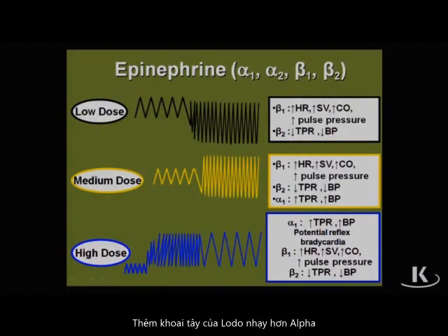At low dose, betas are more sensitive than alpha, therefore I see primarily a beta-1, beta-2 agonist activity. It means at low dose, it looks like the drug isoproterenol. What I can see very well is the decreased mean blood pressure from the beta-2 activity and the increased heart rate from the beta-1 activity.